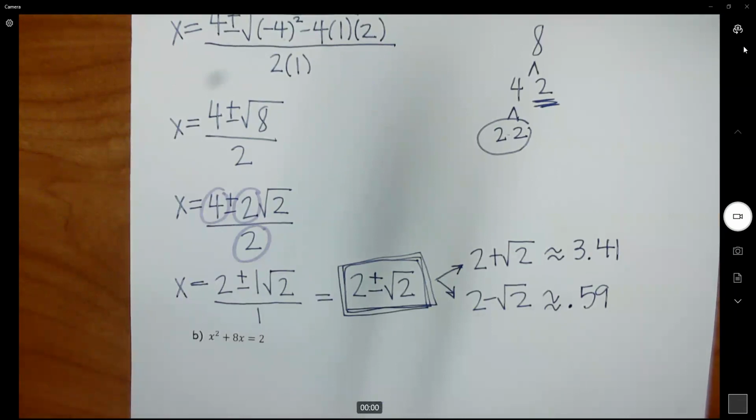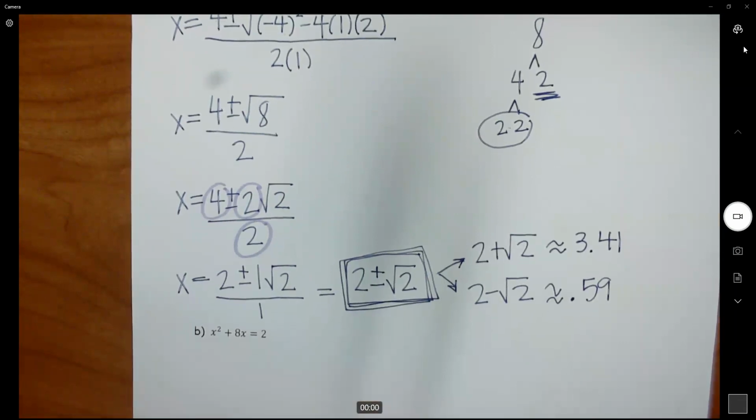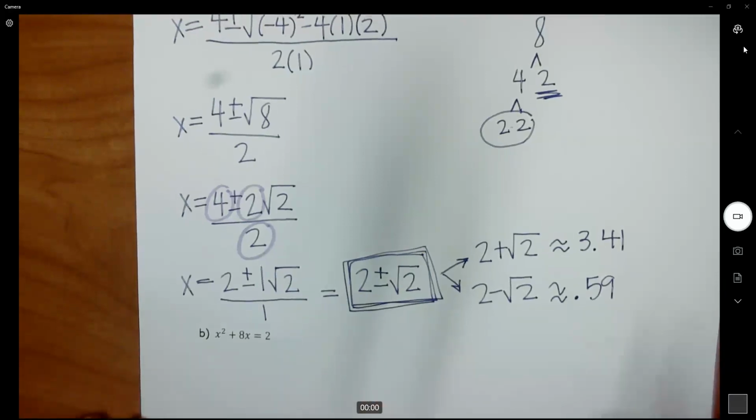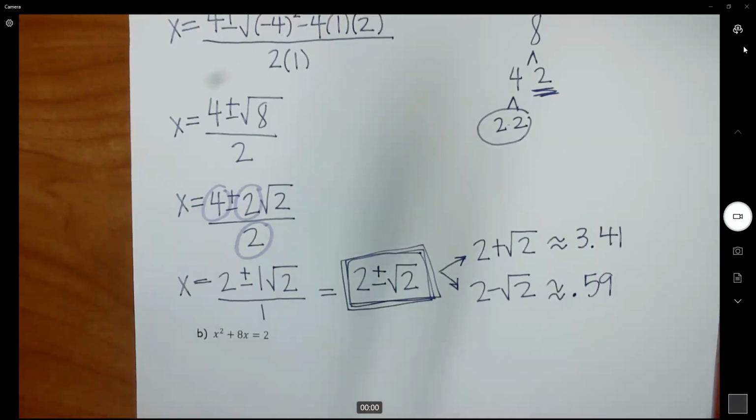In the real world, most of our quadratics are probably not going to be factorable. And so the quadratic formula allows us to solve any quadratic every single time. So the ones that are factorable, you can also solve by this method, by the quadratic formula.